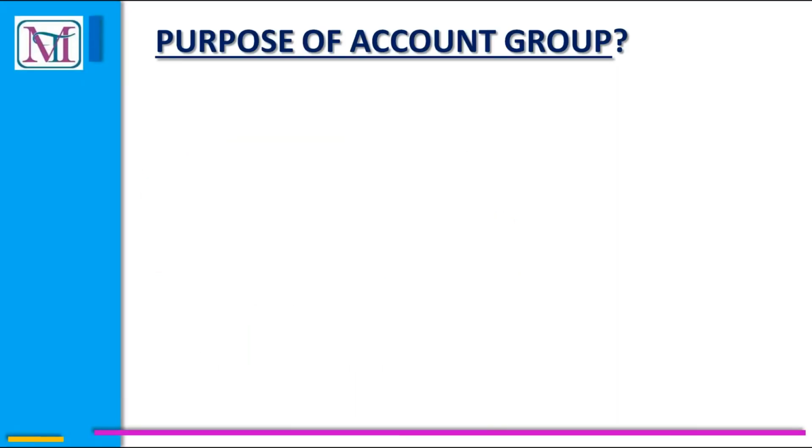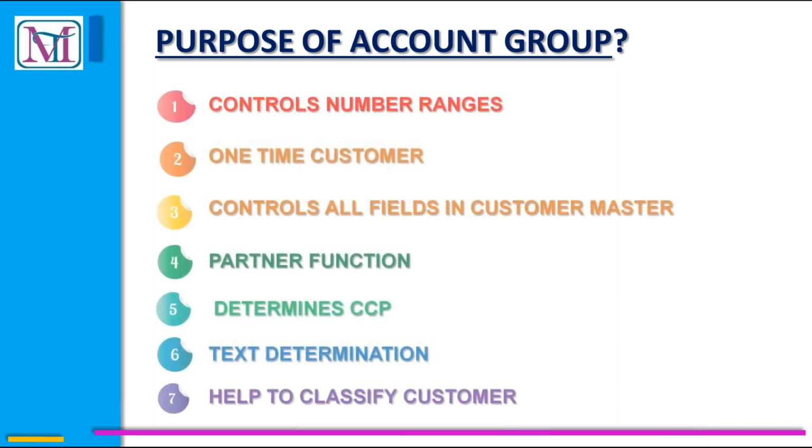Quick question: what is the purpose of an account group? The account group controls the number ranges of the customer master. Second, it controls the one-time customer. It also controls all fields in the customer master: you can make any field mandatory, display-only, or optional through the account group.